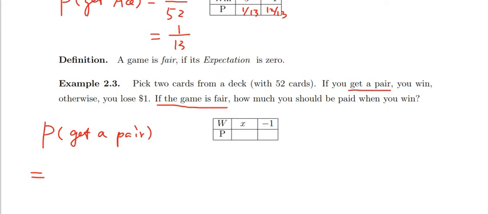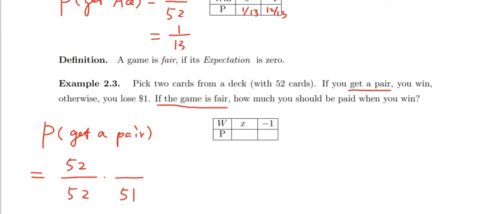If we just pick two, we can consider them one by one, right? So pick two cards. The first card, 52 of 52, doesn't matter. You can pick any card. Okay, so the second one.